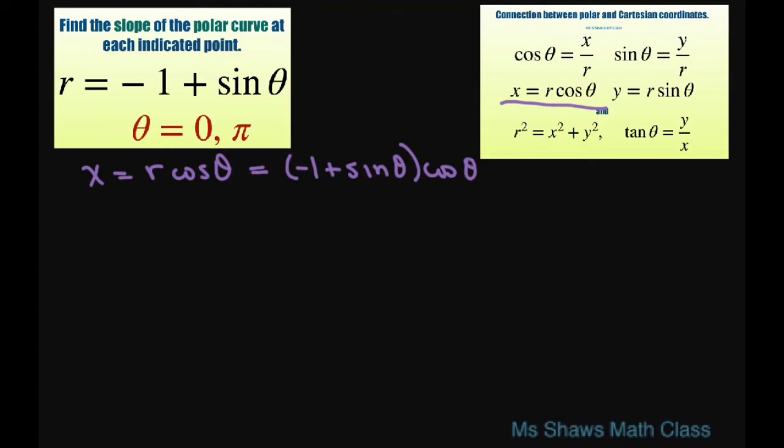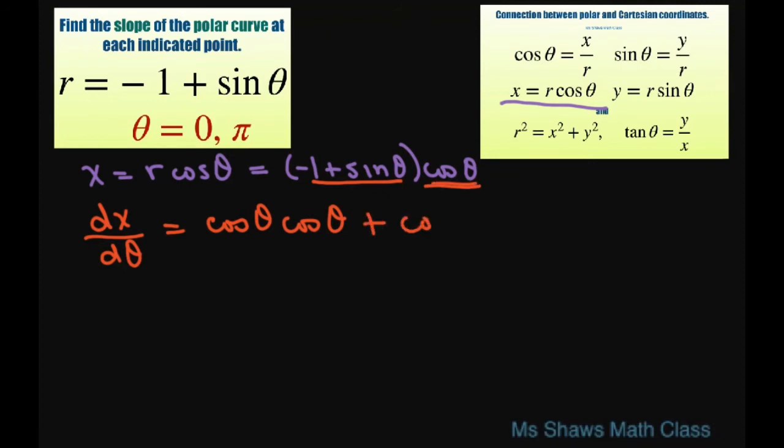When you differentiate your x with respect to theta, we differentiate this piece first. You're going to get cosine of theta times cosine of theta, plus, let's copy down the cosine, let's take the derivative of cosine first.